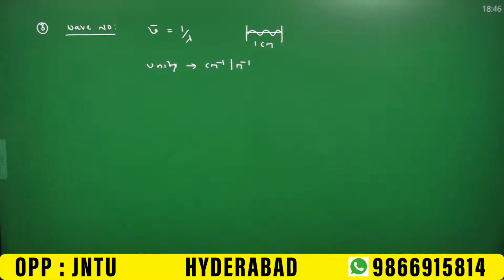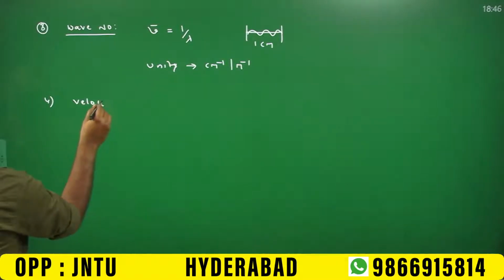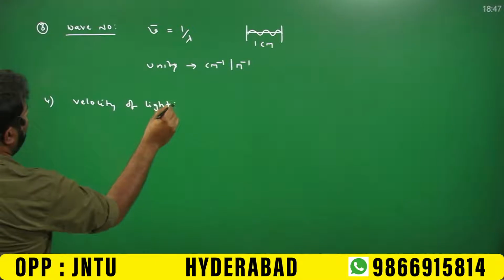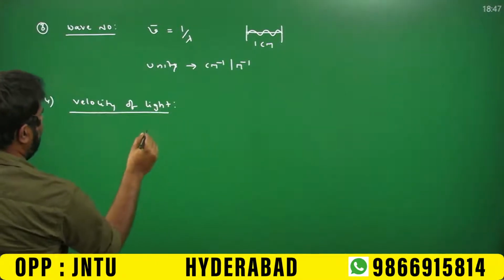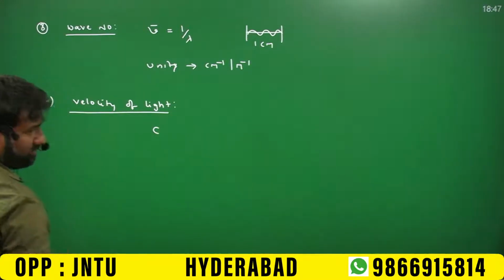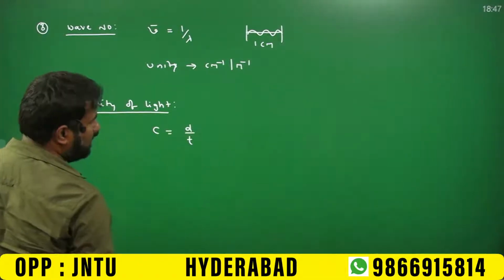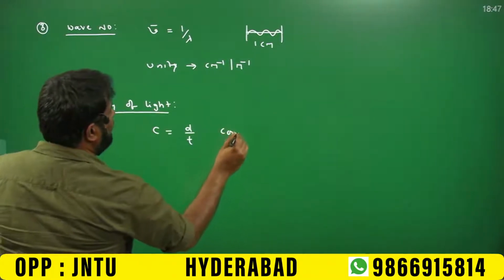Wave number. Next one, velocity of light. Velocity is denoted with c, and means distance traveled per unit time. The velocity of light is constant for all radiation.